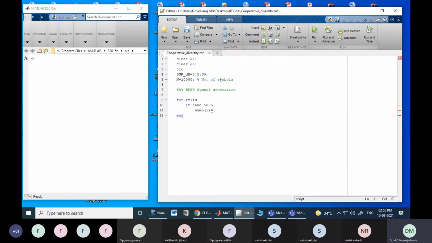Therefore, let me consider Es equal to 1. So here I'll put square root of Es, and I have to define Es equal to 1. This is energy per symbol.